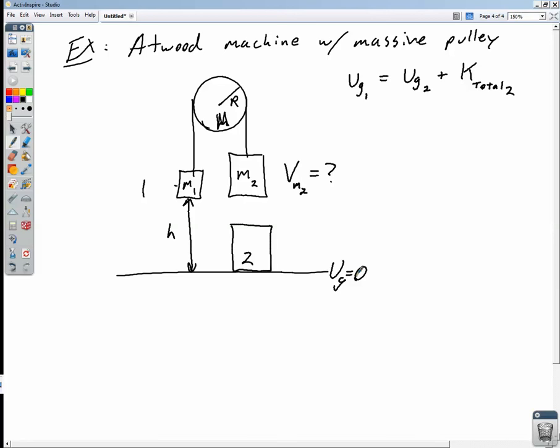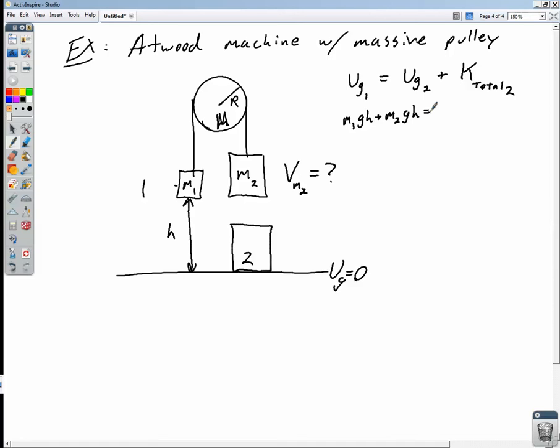I could have it on both sides of the equation, but it's just going to subtract out. So since the gravitational potential of the pulley is not changing, we're going to ignore it and just deal with the changing masses. So the gravitational potential of the system at point 1 is going to be m1gh plus m2gh. And we're going to set that equal to the gravitational potential of the system at point 2.